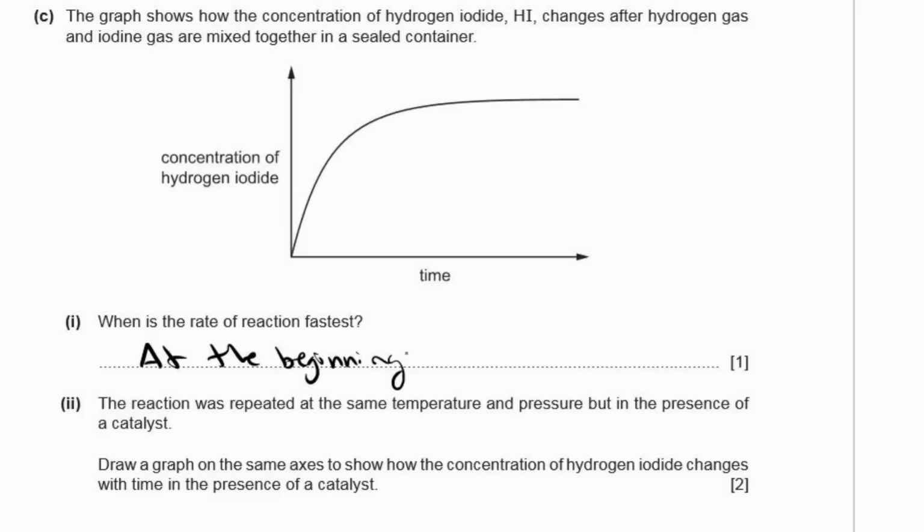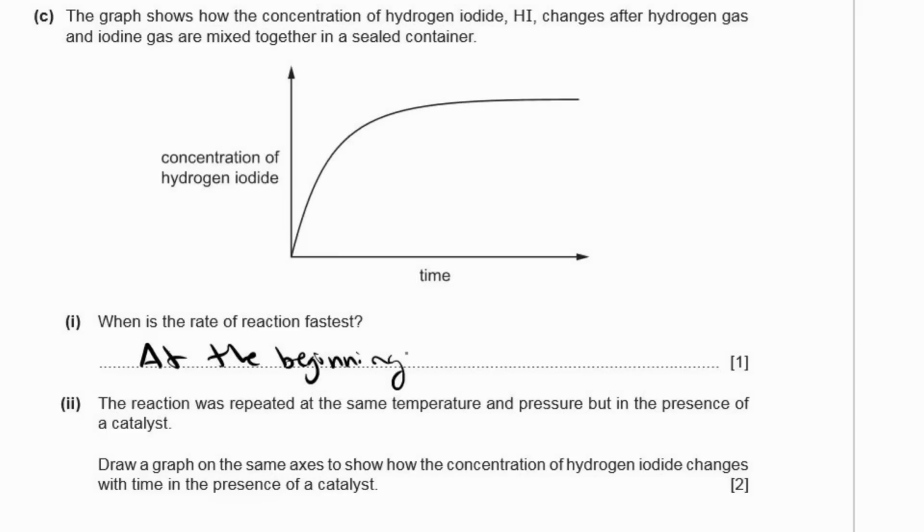2. The reaction was repeated at the same temperature and pressure, but in the presence of a catalyst. Draw a graph on the same axis to show how the concentration of hydrogen iodide changes with time in the presence of a catalyst. Remember, a catalyst just speeds up the rate of reaction, but doesn't change anything. It doesn't get used up. So you have the same amount of stuff that you start with and end with.